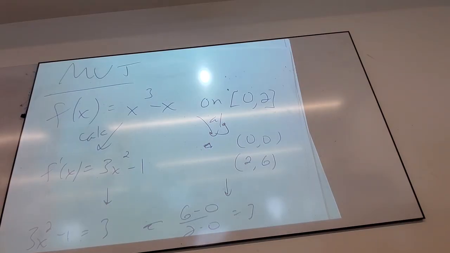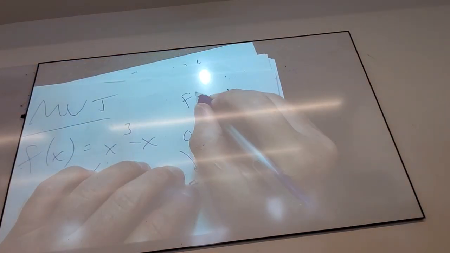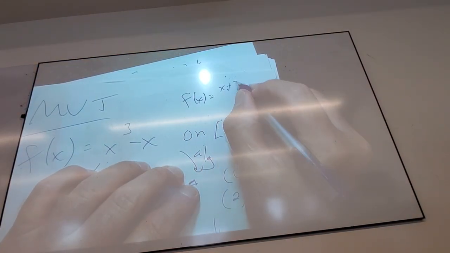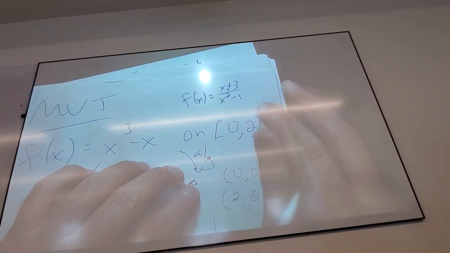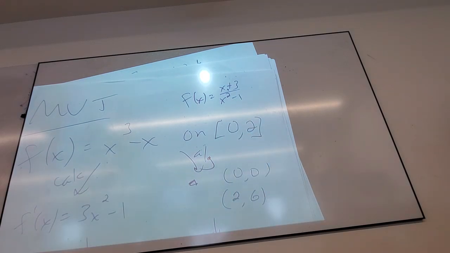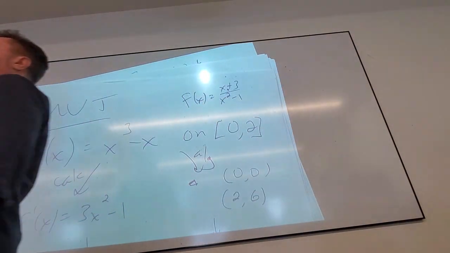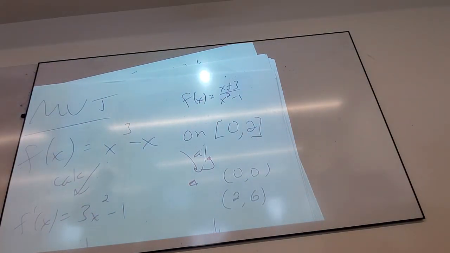You with me? So if the function had been this on this interval, why is that a problem? Why will the mean value theorem not necessarily work? Where is it not continuous? At 1. It's also discontinuous at -1, but who cares? It's discontinuous at 1.